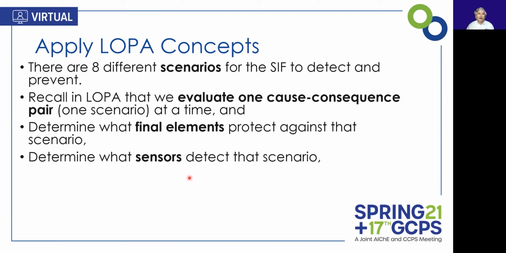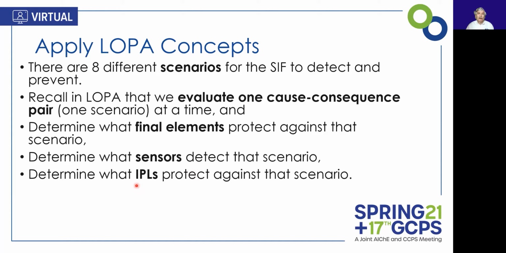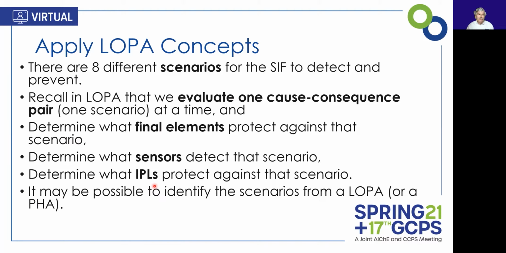We also determine what sensors detect that scenario. And with that information, we now know what IPLs protect against that scenario. An IPL, independent protection layer, includes final elements and sensors that trigger those final elements. It may be possible to identify these scenarios from a LOPA or a PHA, a process hazard analysis.